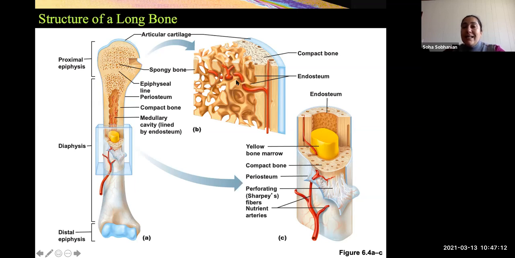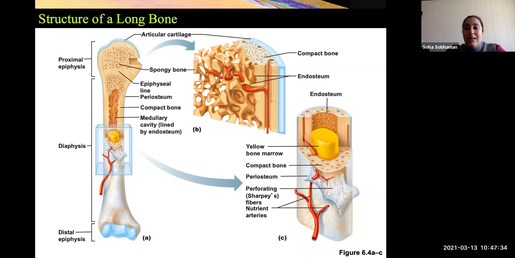So if I ask you guys, again, typical exam question, where is the location of the red bone marrow? Your answer would be the spongy bone of the epiphysis. I'm going to say the question one more time.